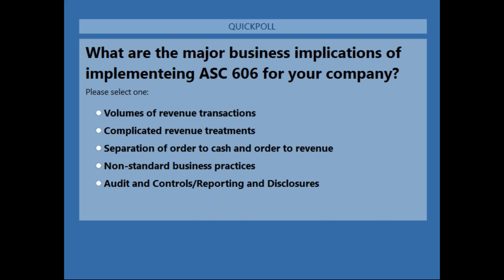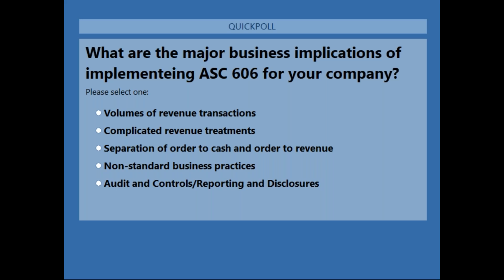So is it volumes of revenue transactions, complicated revenue treatment, separation of order to cash and order to revenue, those non-standard business practices, audit and controls, or reporting and disclosures? I'll give you some time to answer that. I would think based on our discussion today that all of these are major business implications, but we're curious to see which one is most important for you guys right now, especially since most of you have already implemented.